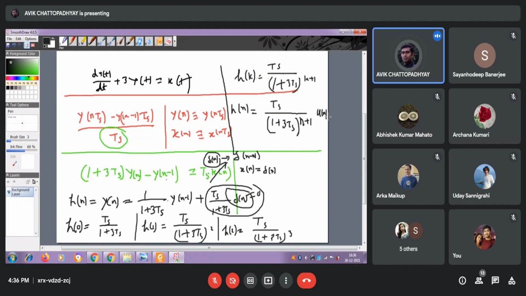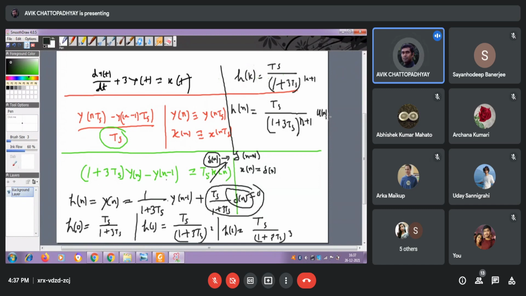So it is a time shifted version. So it is basically a time invariant system. The coefficients of the differential equation are constant; they are not a function of time.